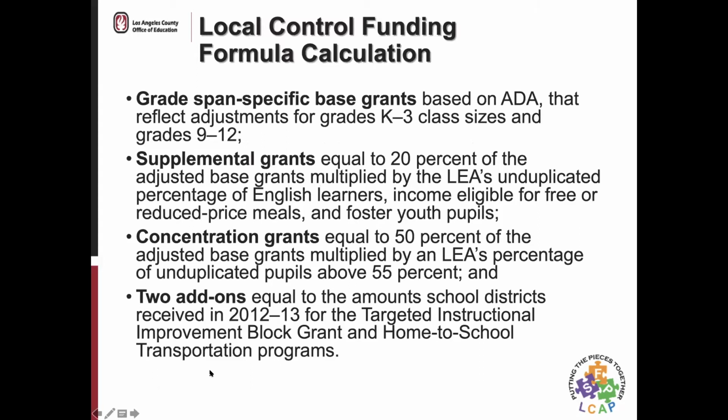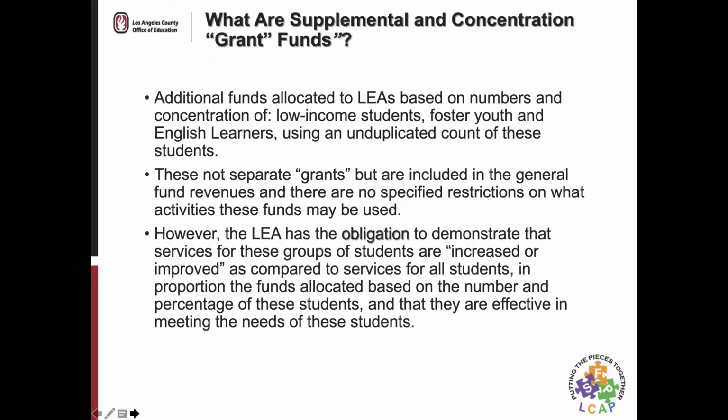And then supplemental grants, which are a separate allocation based on the numbers of those students, and concentration is named such because it's for LEAs with a concentration of those students, and they receive additional funding. So you can see that the funds are targeted to where you have your high need students. And then there are some additional add-ons for LCFF. That's as far as we're going to go with all those calculations.